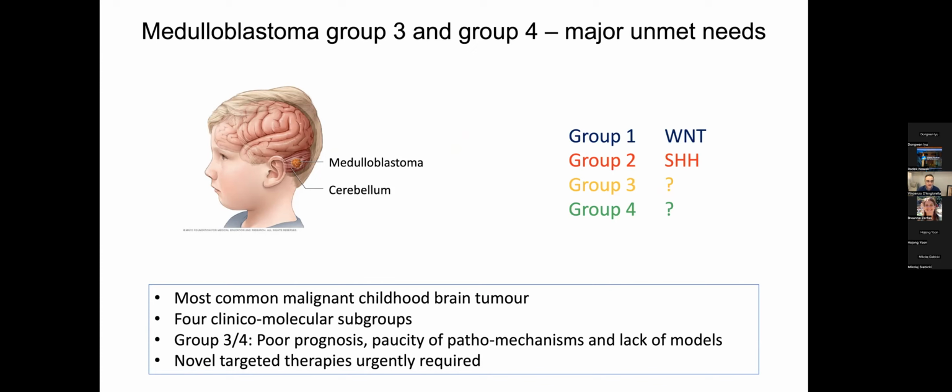And unfortunately, these are the groups of kids that also do the worst, because they have a very poor prognosis. And even if you treat a kid with radiotherapy and chemotherapy, which are conventional therapies that work more or less with a certain efficacy, the kids will develop long-term sequelae.